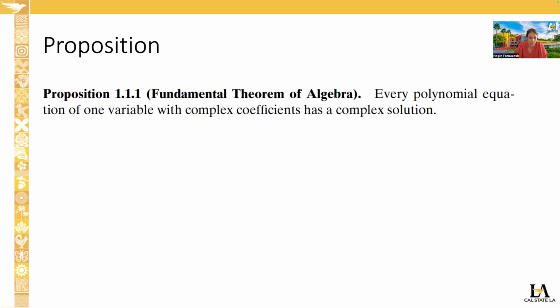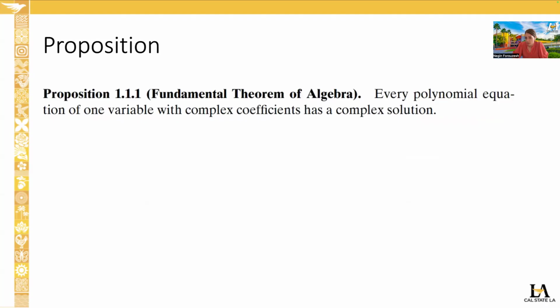We have a proposition here which is called the fundamental theorem of algebra. And it says that every polynomial equation of one variable with complex coefficients has a complex solution. This is very important.